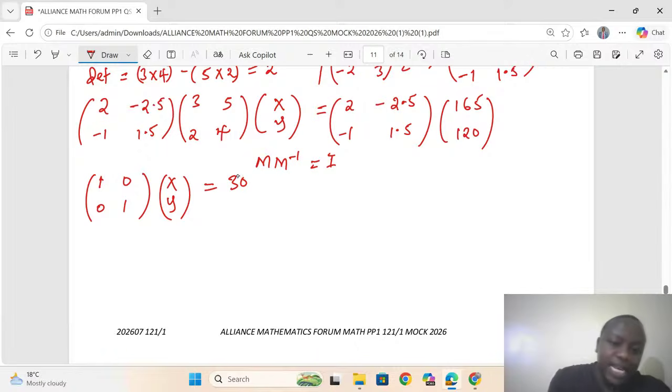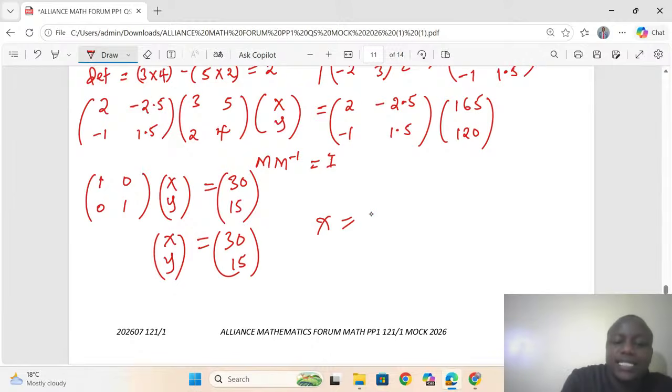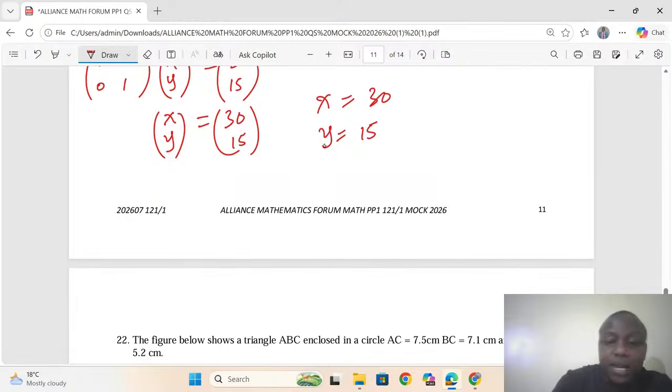I'm getting exactly 15. When we multiply the identity matrix times any matrix, the matrix remains unchanged. This remains unchanged, 30, 15, meaning that the value of x equals to 30, the value of y equals to 15. So we are now having the price of an exercise book and that of a pen.